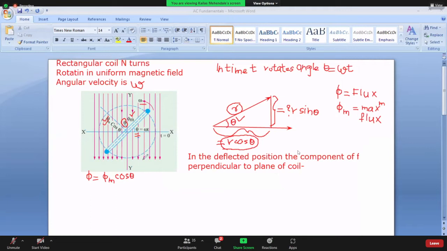Great. Which can also be written as, what is theta? Theta is nothing but omega t. So phi is equal to phi m cos omega t.